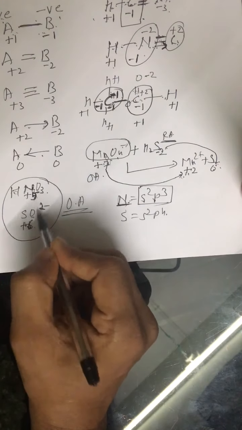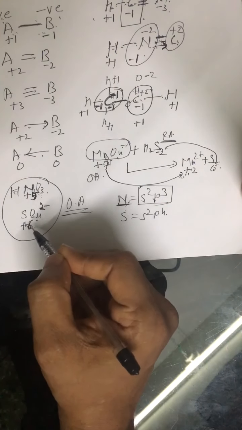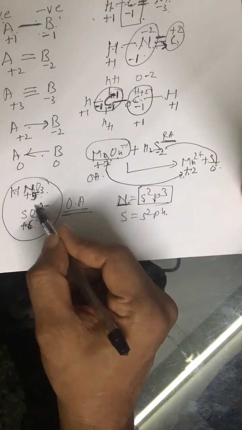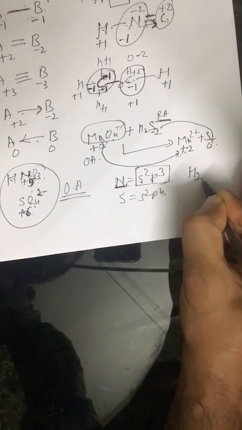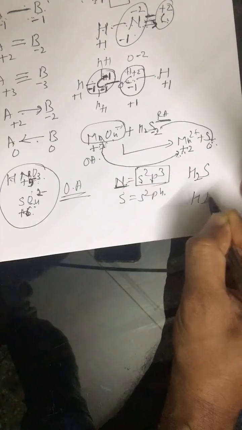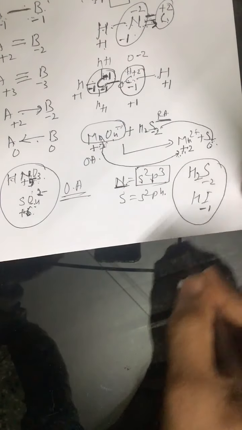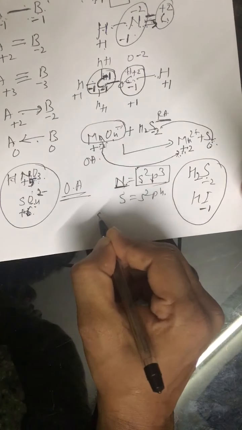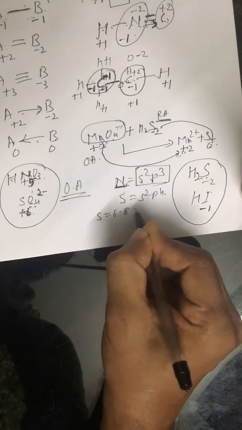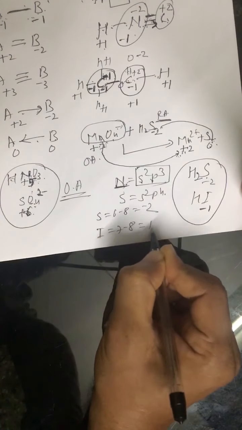So it is very simple that in a given molecule or ion, if the oxidation state of the central atom is highest, it will behave as oxidizing agent. If it is lowest, like if we are given H2S and HI, with -2 and -1, the lowest possible oxidation state is valence electrons minus 8. Like sulfur, it is 6 minus 8 equal to -2, iodine 7 minus 8 equal to -1.